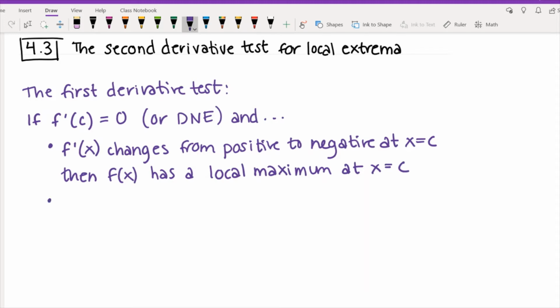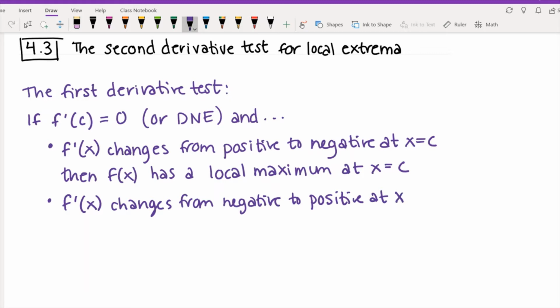And then similarly, if your derivative changes from negative to positive at x is equal to c, then that tells you that your graph is going down and then it's going up. And so that means that it has a local minimum.